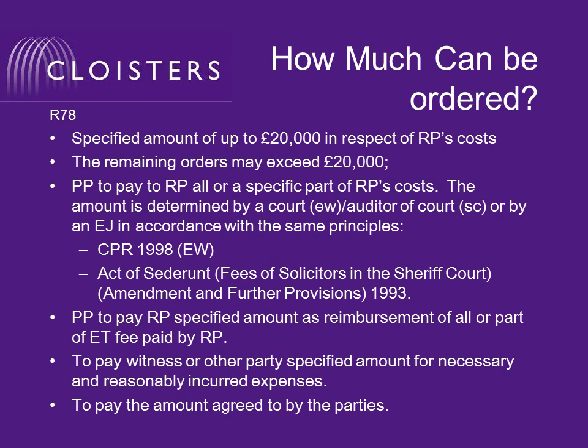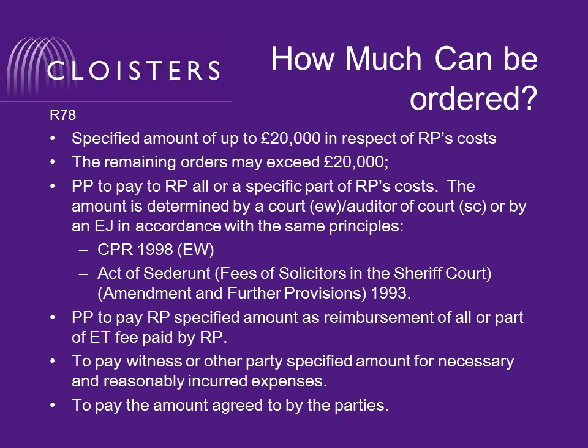So that it would be possible, for example, for the tribunal to order half of the fee paid to be paid by the paying party, so that the amount which the receiving party has successfully obtained from the tribunal can be reflected in the amount of the fee which the paying party is ordered to pay to the receiving party. So if you only win 50% of the claim, then you may only receive 50% of the fee paid.